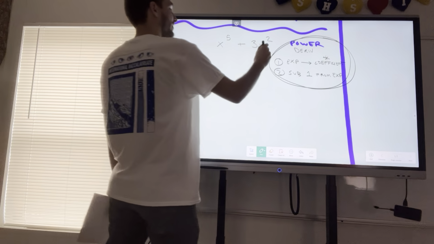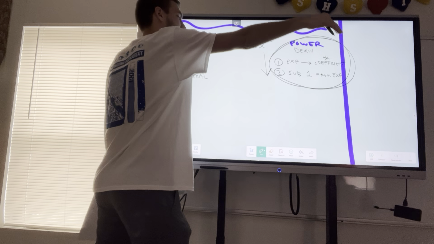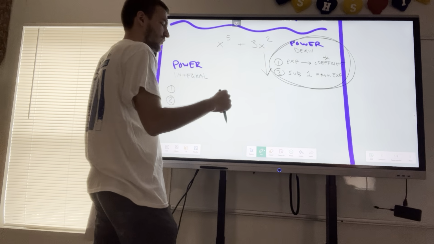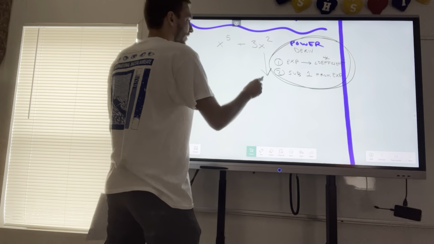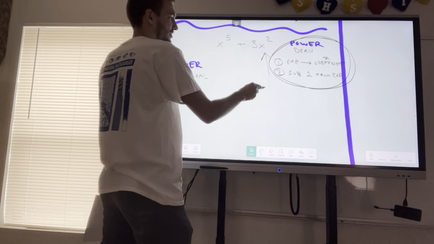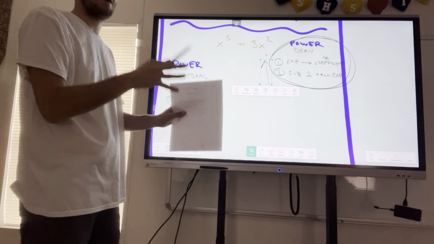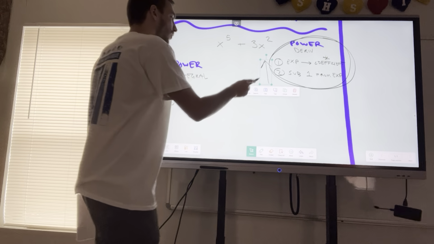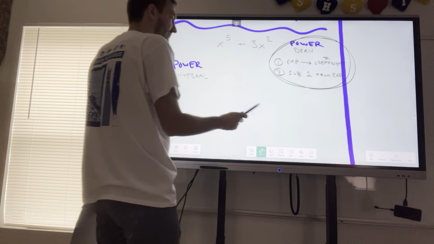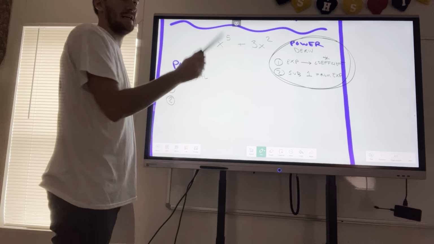Now, for derivatives, we go first to put the exponent into the coefficient with multiplication, and second, subtract 1. And now when we go ahead and do the integral, we're going to need to go this direction, right? Because we're trying to go fully backwards. So instead of 1, 2, now we're going to go 2, 1. So what is the opposite of subtract 1 from the exponent? Awesome.